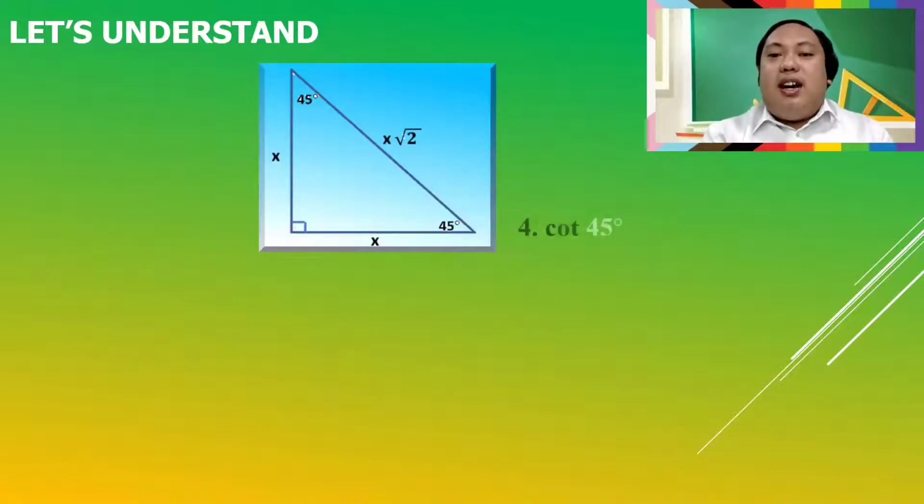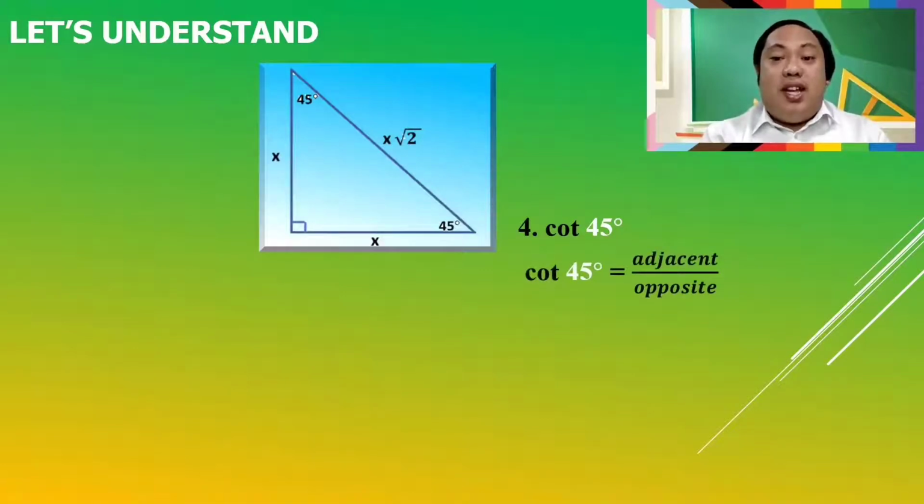Next, let's have cotangent 45 degrees. Cotangent 45 degrees is equal to adjacent side over opposite side. From the figure we have, adjacent side is x and opposite side is also x. We simplify, we have 1. Therefore, cotangent 45 degrees is equal to 1.